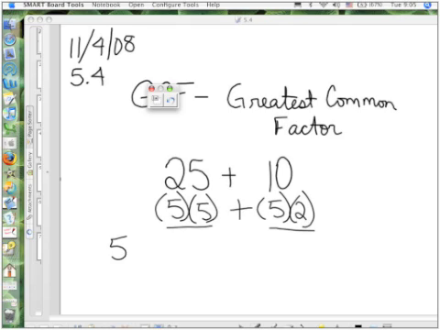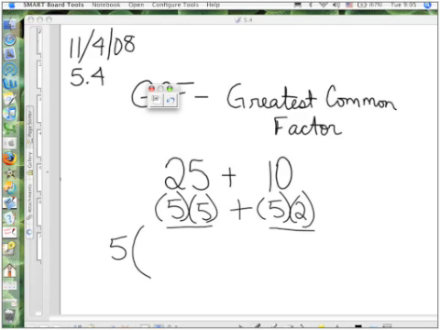I could divide by two 5s and still have a whole number, but could I divide this number by two 5s? No, because it only has one. So the greatest common factor is the most that they both have. They both have one 5, and that's the most they both have. So the greatest common factor in this case is 5.